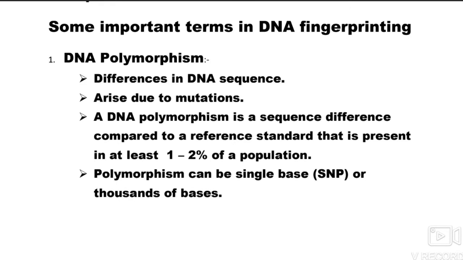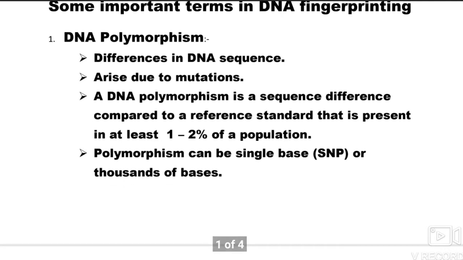Before starting with the technique of DNA fingerprinting, we have to know some important terms which are used in DNA fingerprinting. The first of them is DNA polymorphism. DNA polymorphism is differences in DNA sequences. These differences arise due to mutation.